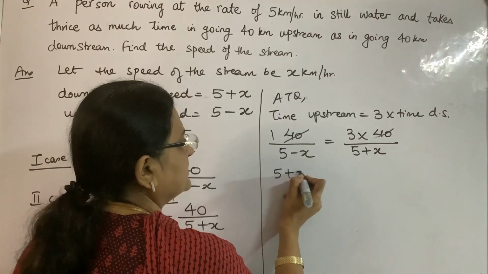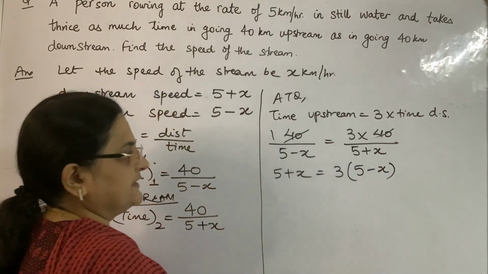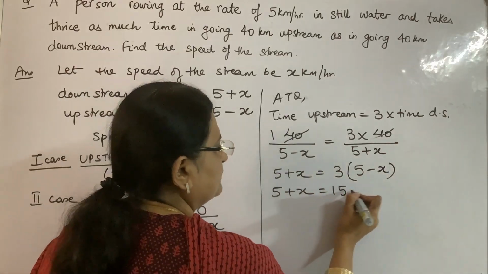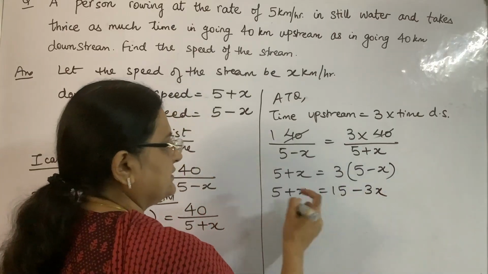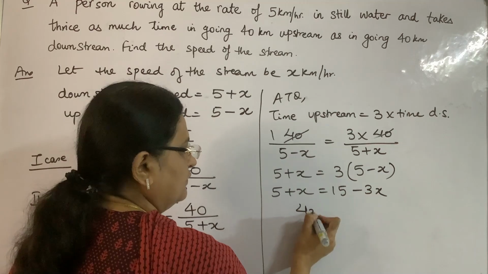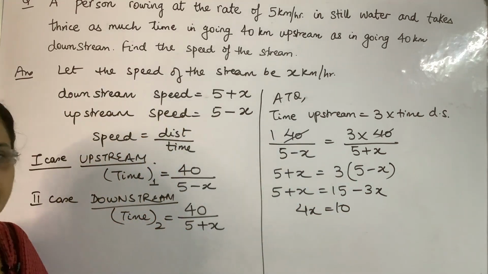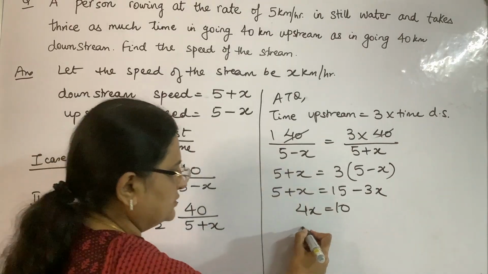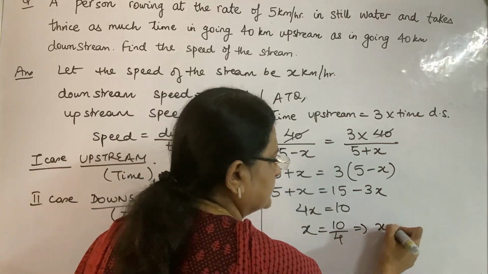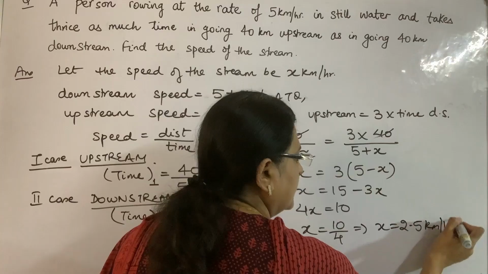So 5 plus x is equal to 3 into 5 minus x. Open the bracket. 5 plus x is equal to 15 minus 3x. This comes to this side. So you get 3x plus x, 4x. This comes to the other side. You get 15 minus 5, which is equal to 10. So x is equal to 10 upon 4. So x is 2.5 kilometer per hour.